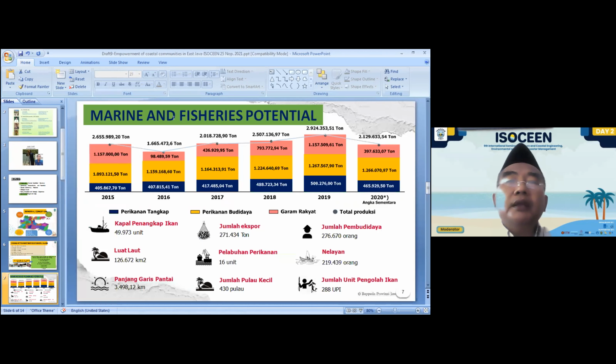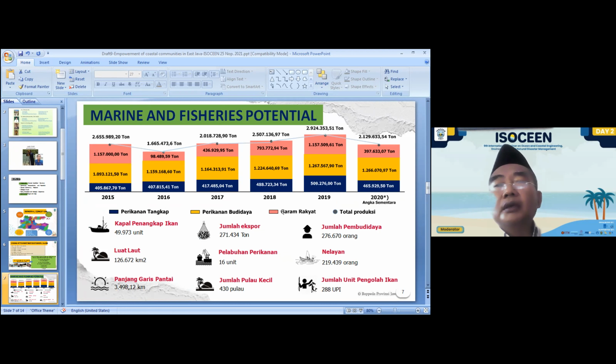This is marine and fisheries potential. We can see that there is some comparison. The blue one is fishers, the yellow one is cultivation, and then the pink.